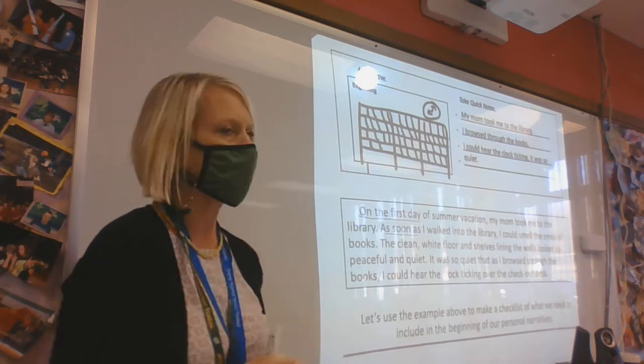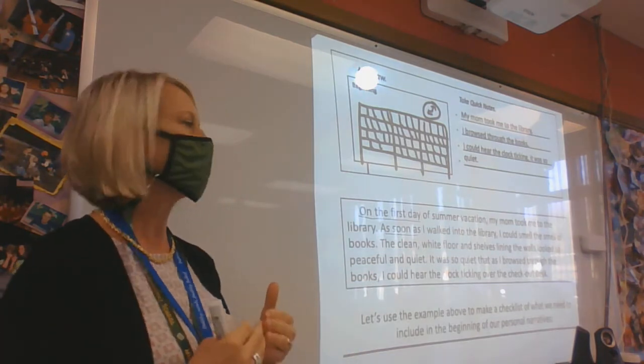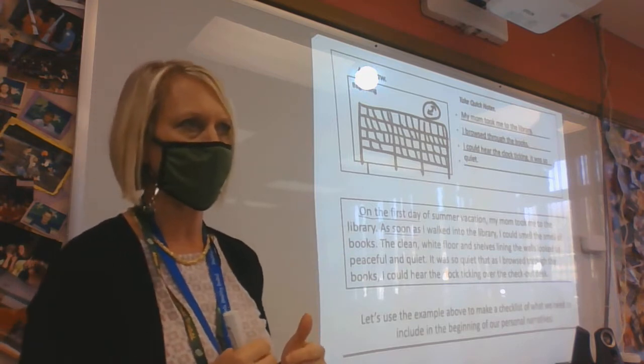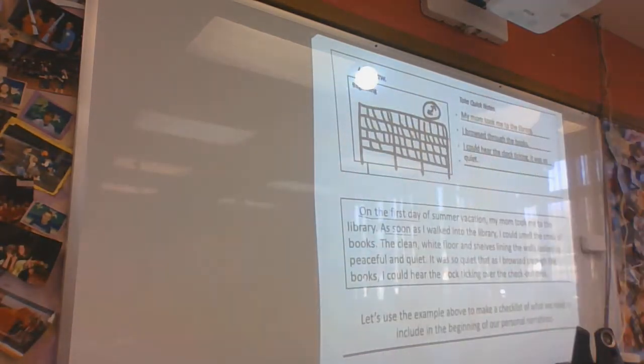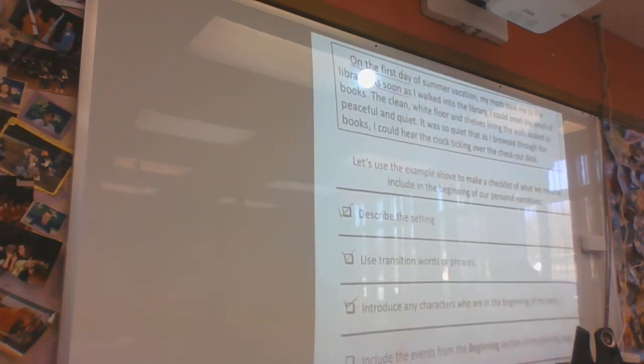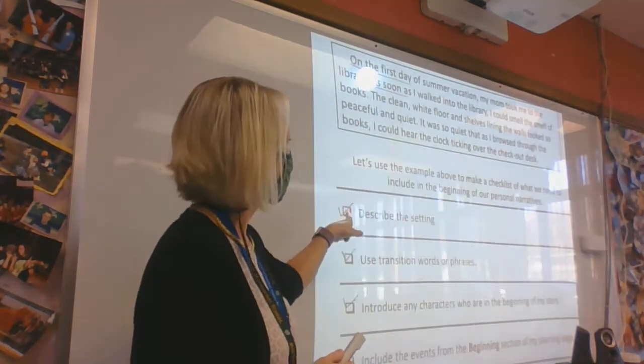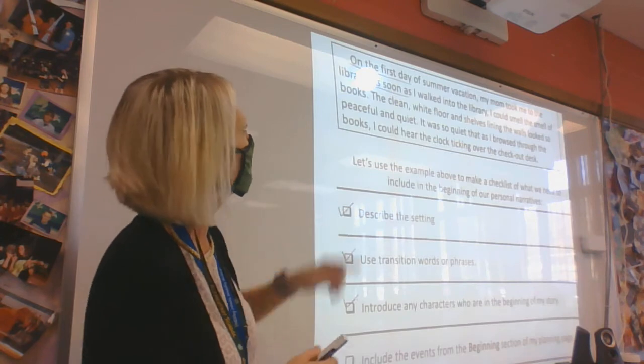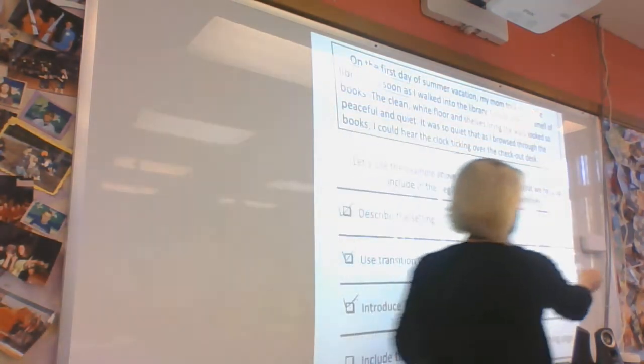So on the bottom of here, it is a check sheet of what she included in her narrative. And we're going to see if she included all the right things. The first thing is to describe the setting. Well, her setting is the library.